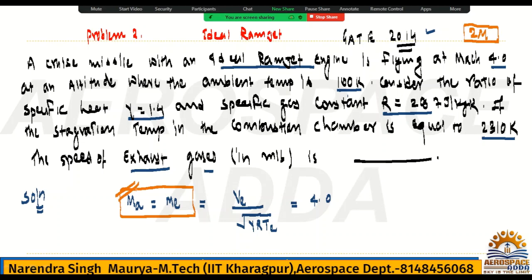That time I proved how you will have MA equal to ME, and I had given the relation between exit velocity and inlet velocity with respect to temperature. That also you had seen, yes or no? So no doubt, whatever you attended in the last lecture for ideal RAMJET, based on that we are solving problems. So hope you all are getting that. It's very simple only, very simple.